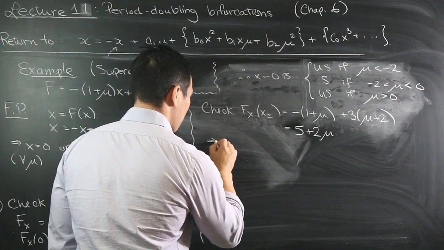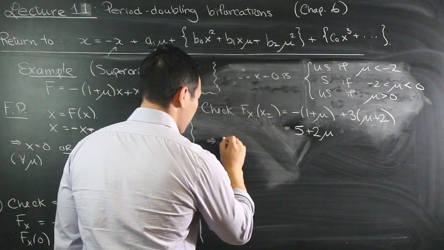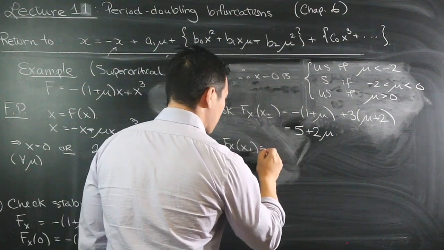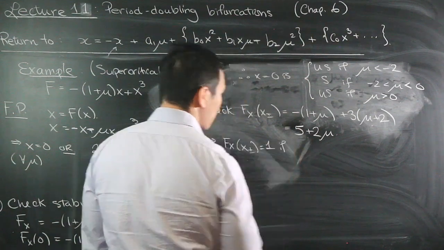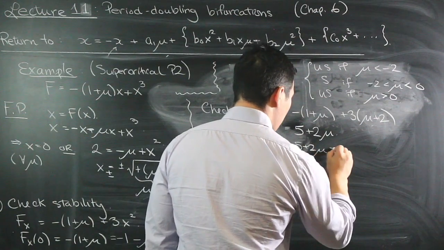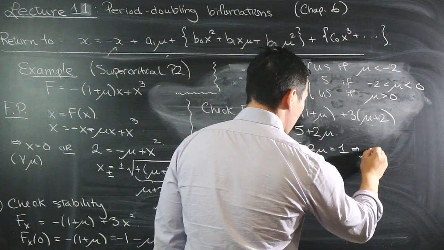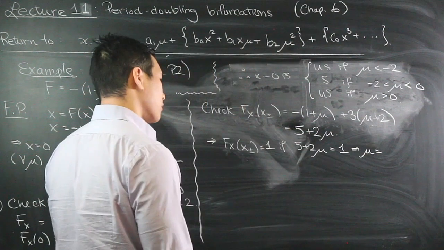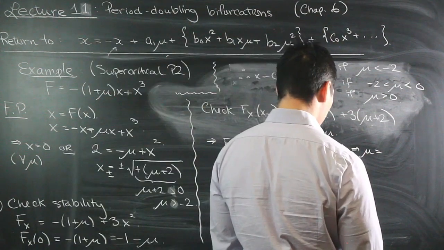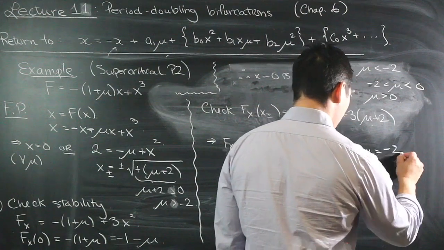So f'(x) at x plus or minus is equal to 1 if 5 plus 2 mu is equal to 1. So that tells you that mu is equal to what? 1 minus 5 is -4, then -4 over 2 is a -2, I think.